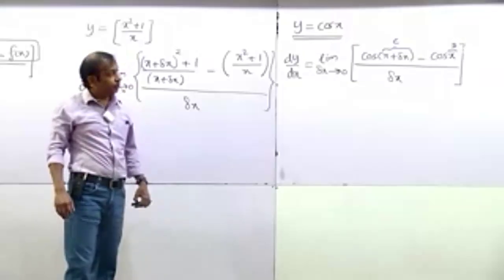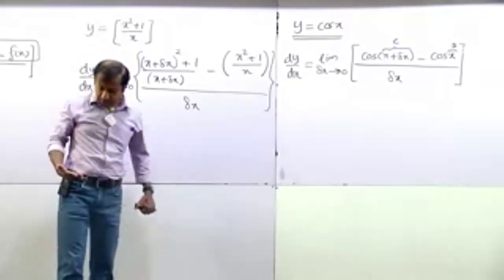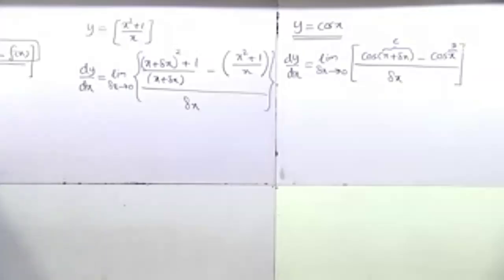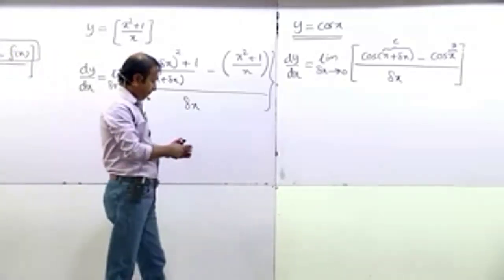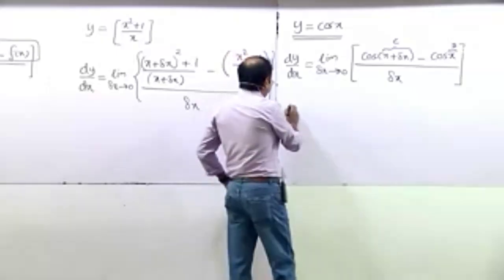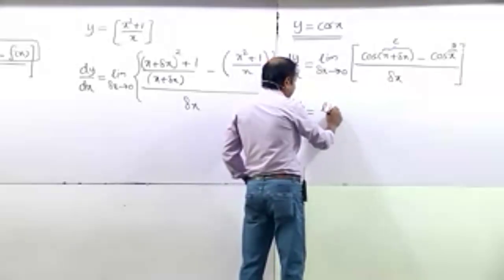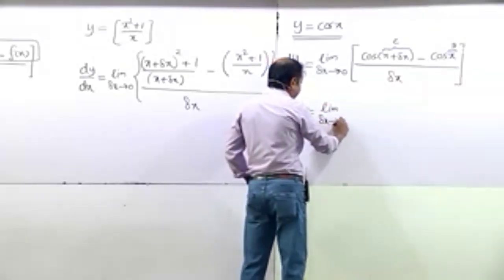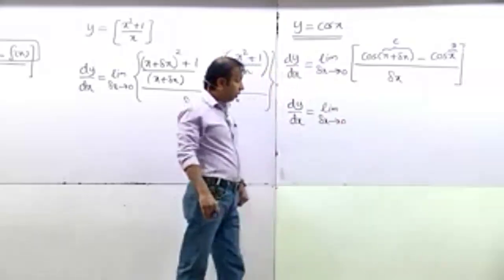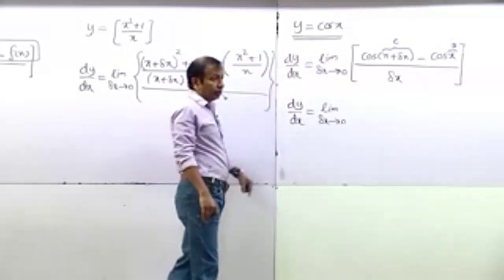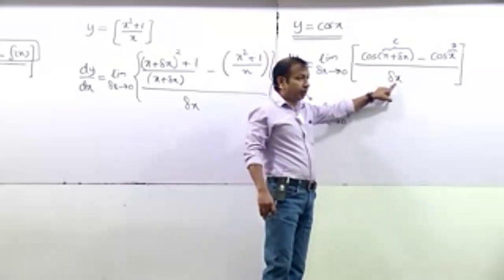And take the answer for this derivative of cos x. Limit delta x going to 0. This delta x I can write as 1 over delta x here.